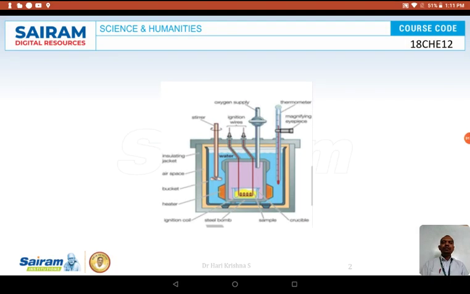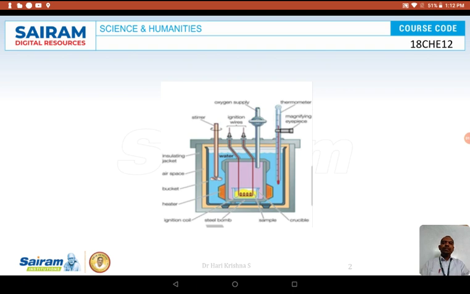The bomb calorimeter is made up of a platinum or ceramic crucible in which the fuel sample is taken. It is kept in a stainless steel vessel, which is known as the bomb.